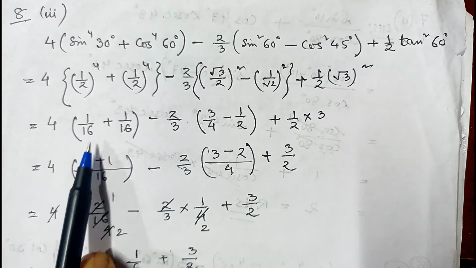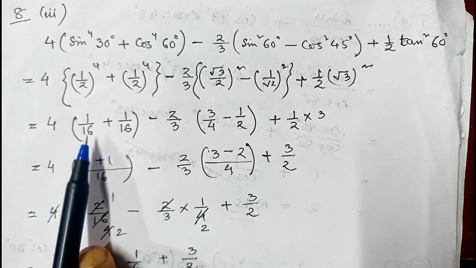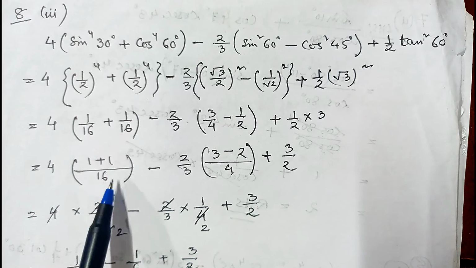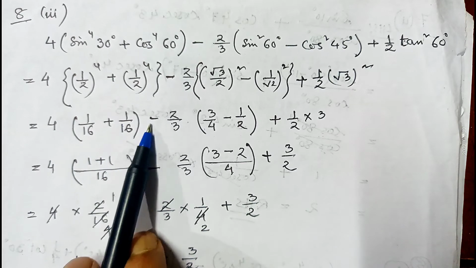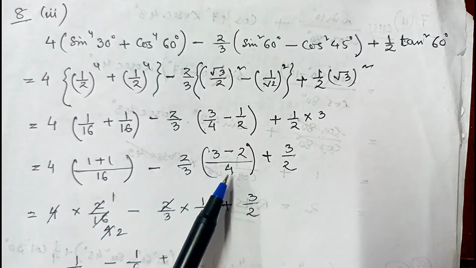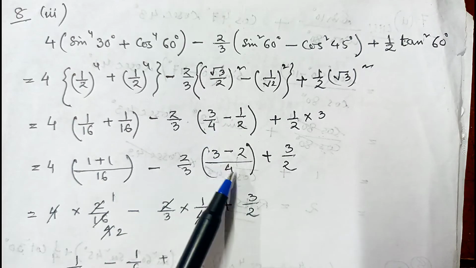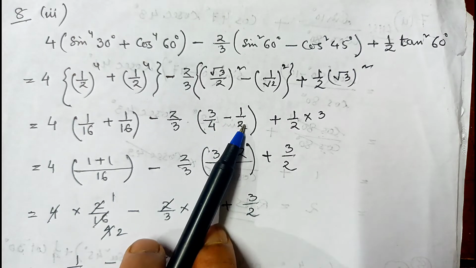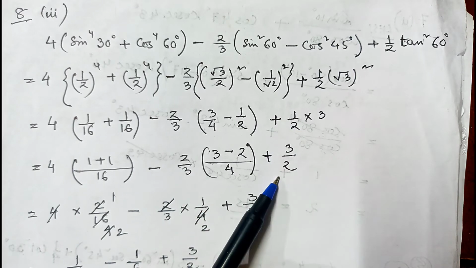So 4, 16 will be the LCM. 16 by 16 1, plus 16 divided by 16 1, minus 2 by 3. Here LCM will be 4. 4 divided by 4 1, 3 1 is 3, minus 4 divided by 2 2, 2 1 is 2, plus 3 1 is 3, 3 by 2.